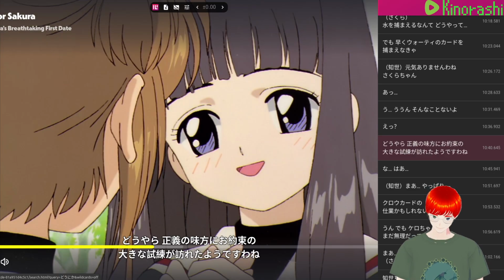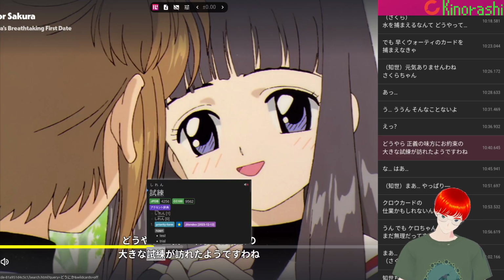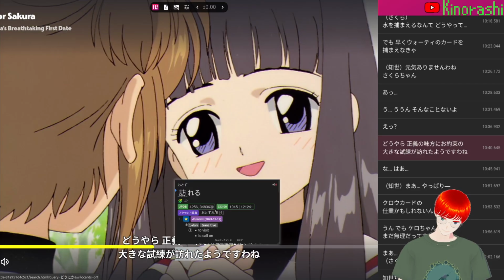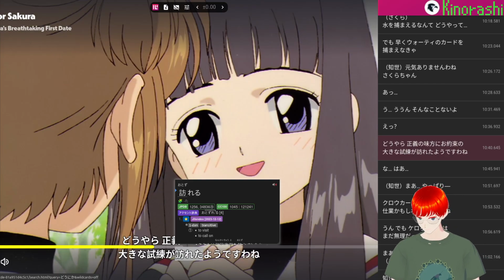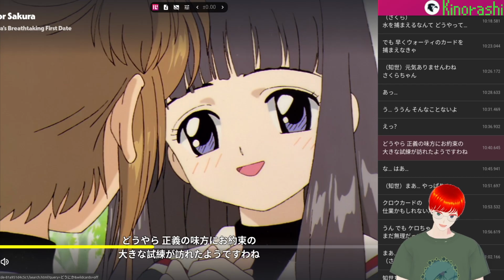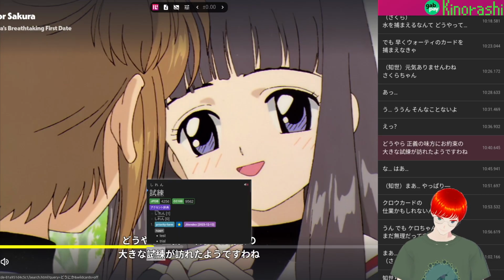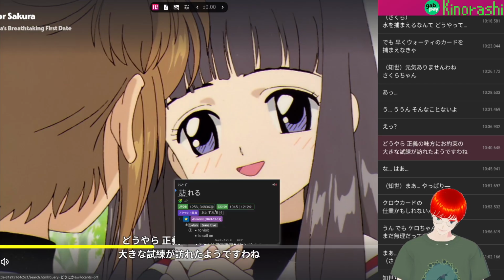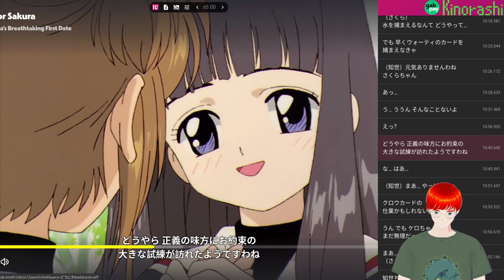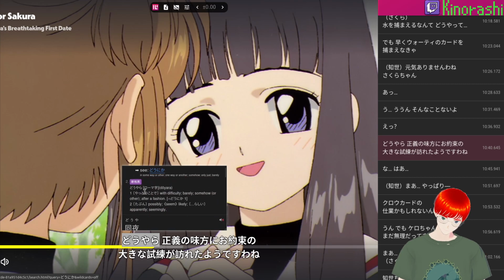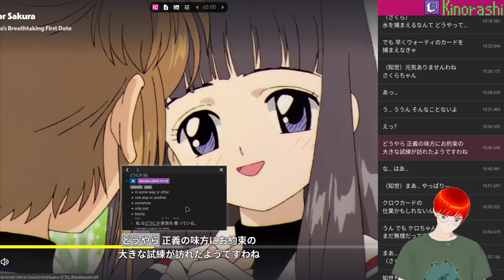どうやら正義の味方に、約束の大きな試練が訪れたようですわね。So it's in some way or another.